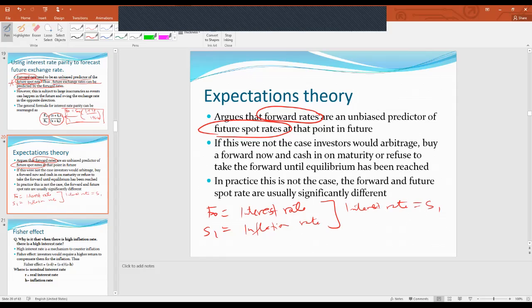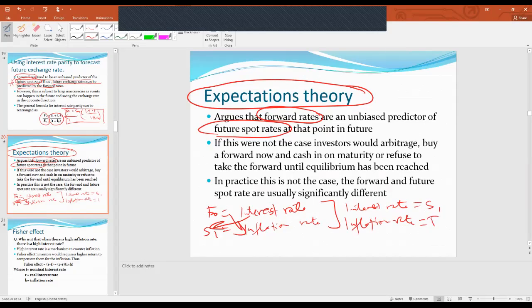We can see how they're combining: we can use this to explain this, and this to explain this. It is possible to have the two theories coming together under the theory of expectations. And also we can use the inflation rate differential to explain the forward rate. In short, the forward rate can be used as an unbiased predictor of the spot rate.